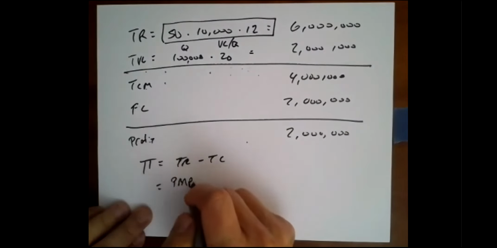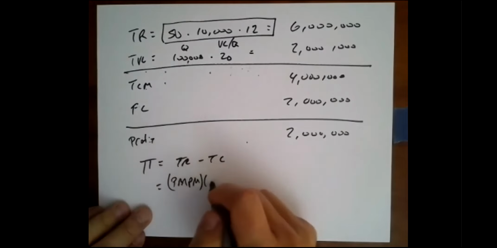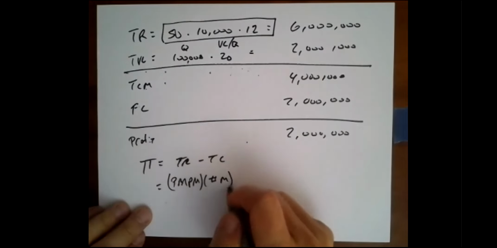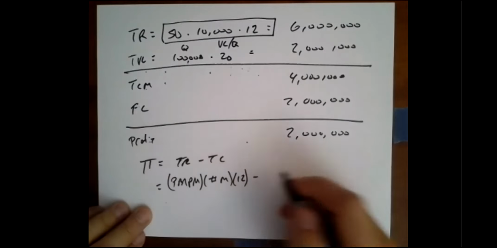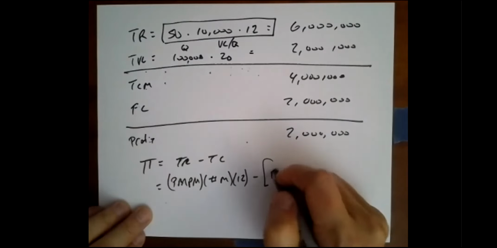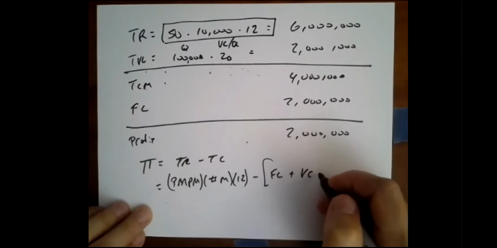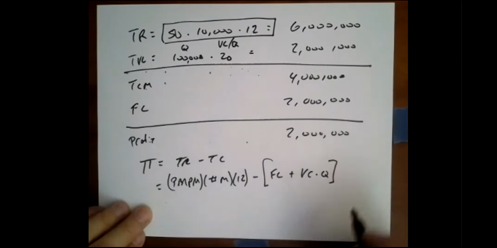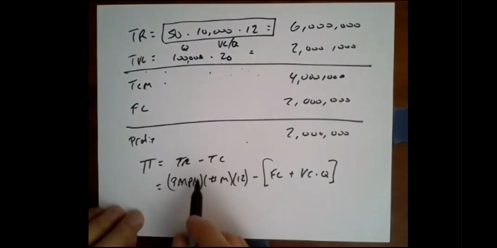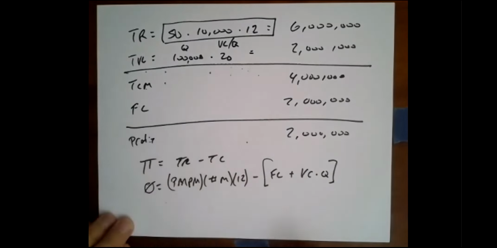PM times number of members times 12 minus, and then this is going to be the same, fixed cost plus variable cost times quantity. Right, so there's no quantity in the left side of this equation. For break even, we're going to set that equal to 0.